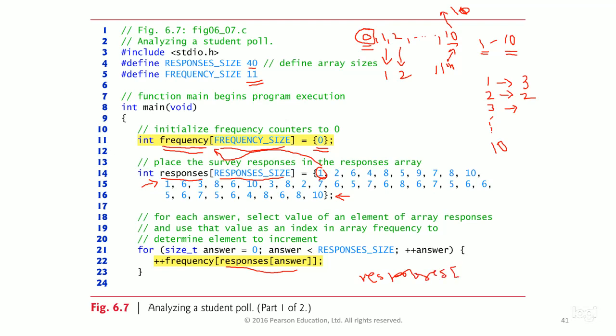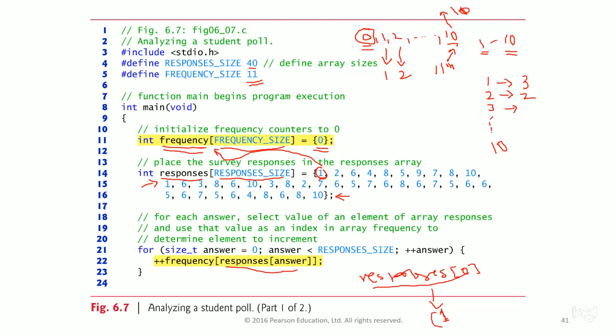Answer number 0 basically contains 1, so the first student gave a rating of 1 in his feedback.